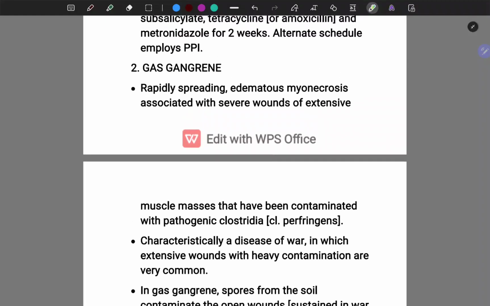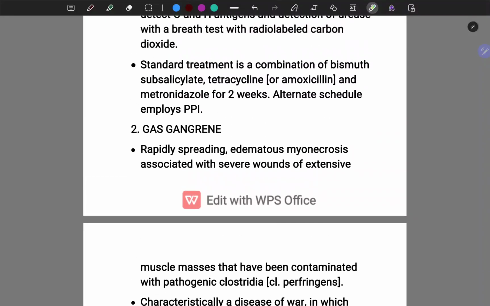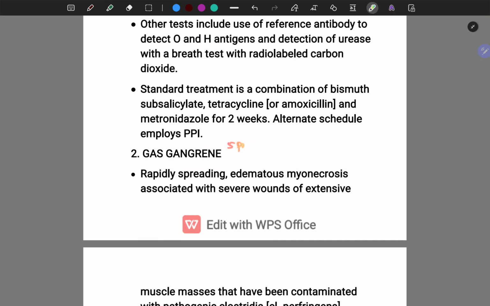Next. With respect to gas gangrene, I want you to remember 5 points. So what are they? It's Clostridium myonecrosis. The pathogen, Clostridium, is a gram positive anaerobic organism.